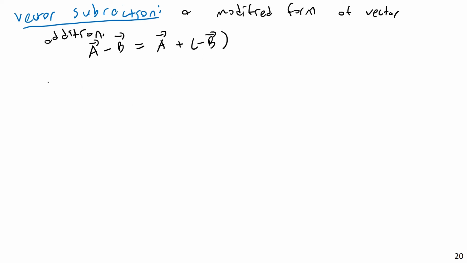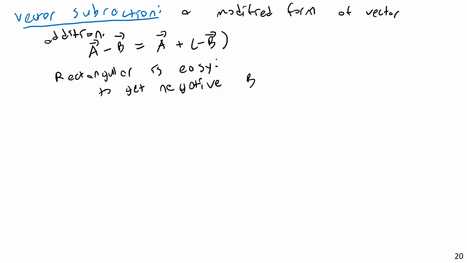Well, rectangular is easy. To get negative b, simply flip the sign of the components.